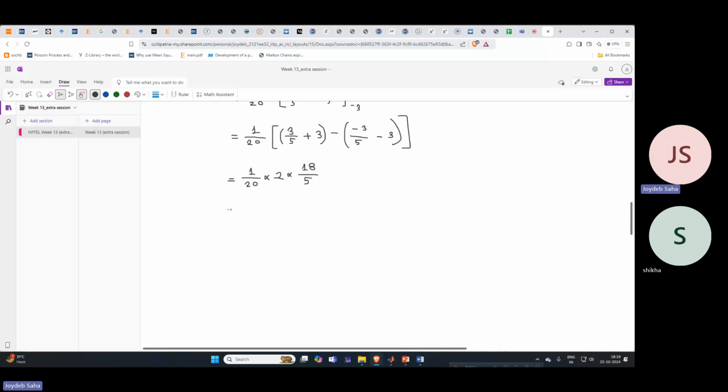So what we are getting, we are getting 0.36.